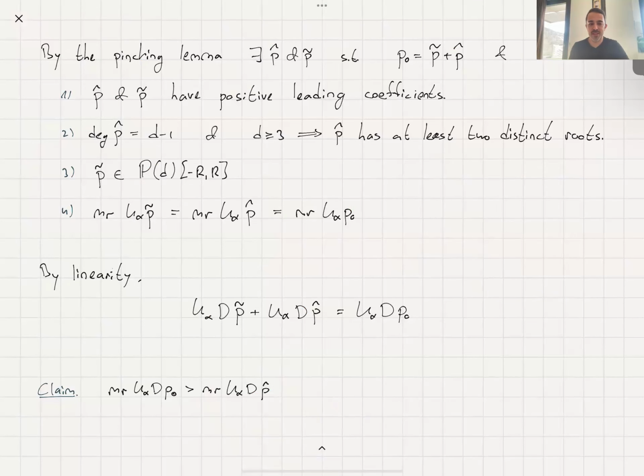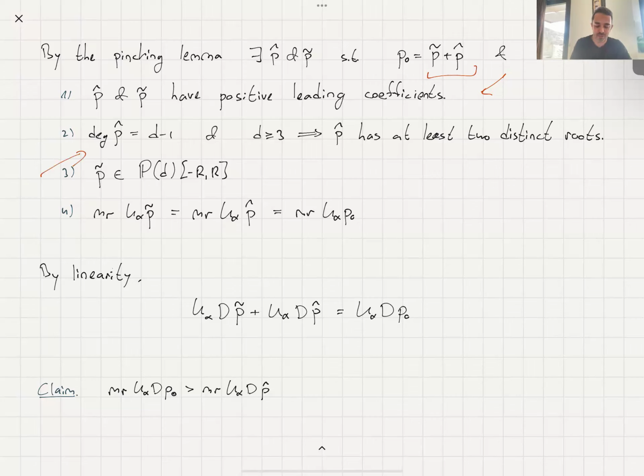And now let's recall what the pinching lemma tells us. We're going to apply the pinching lemma, and everything from here on is with p0 rather than p. So by the pinching lemma, we can write p0 as p tilde plus p hat. And what do we know about those? Both of them have positive leading coefficients. They are built for induction. The degree of p hat is d minus 1.